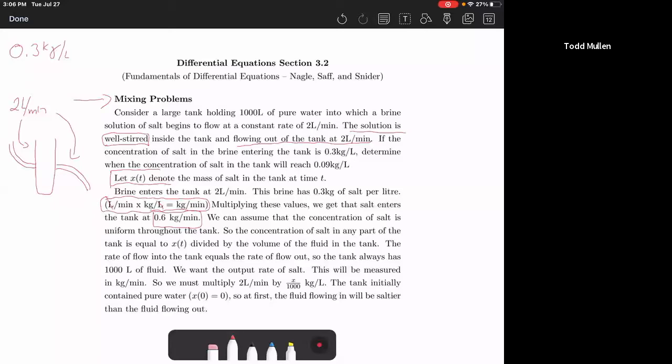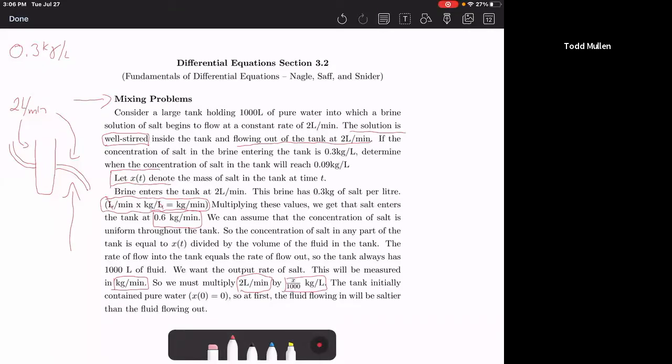What we want is the output rate of salt. This will be measured the same way as the input rate, as kilograms per minute. So we must multiply the 2 liters per minute that the brine is flowing out of the tank by the salt content of the tank.